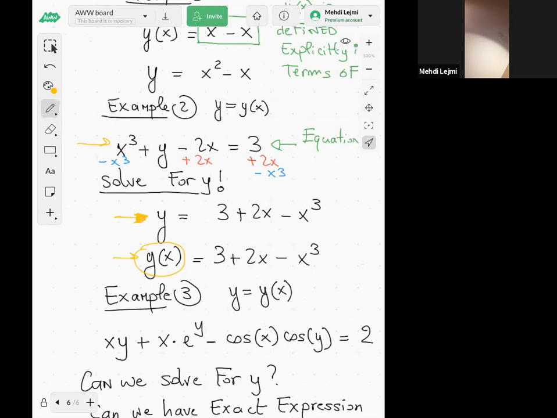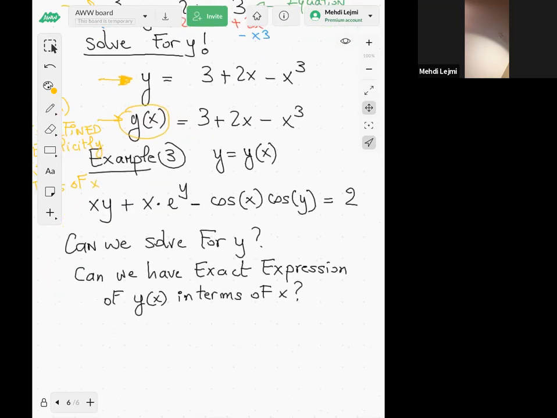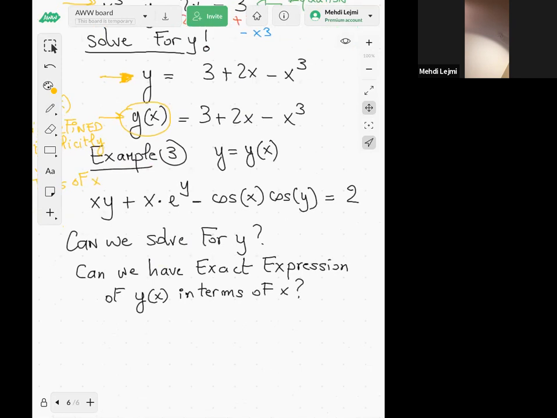So I solved for y, and I got the exact expression of y of x, which is defined explicitly in terms of x. Now, what about this example number 3? Do you think, guys, we can solve for y? Is there a way to solve for y?